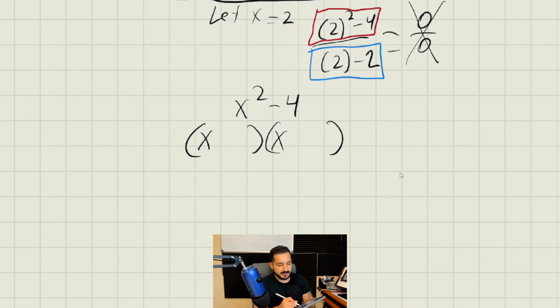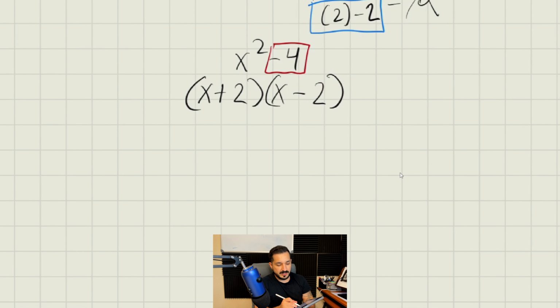The next step is to look at that last digit, and we have a minus 4. So we know that with minus 4, one of the signs is going to have to be negative. And we're thinking of two numbers that can be multiplied together to give us 4. In this case, it's going to be 2. So we're going to put 2 in both of those.